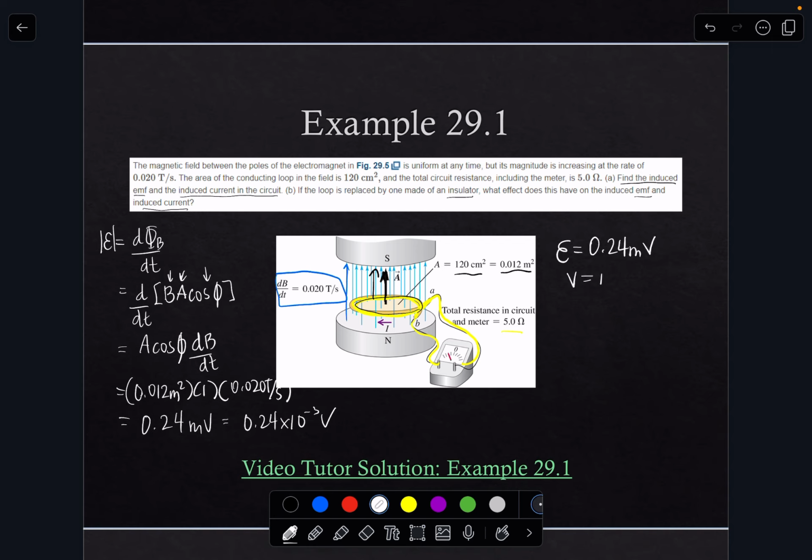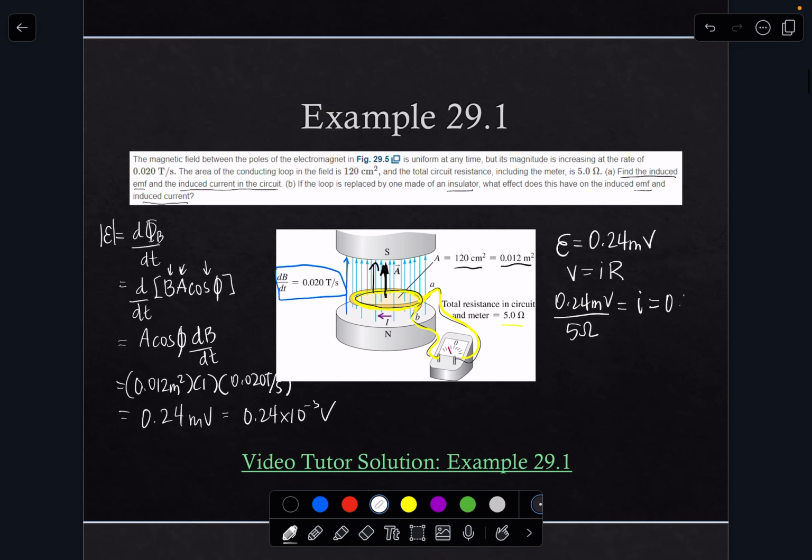We know that V equals IR for any circuit that we're going to deal with in this course. And if V is 0.24 millivolts and the resistance of the circuit is 5 ohms, then the current that is induced will be 0.24 millivolts over 5 ohms, which comes out to be 0.048 milliamps. Okay, so a tiny little current.